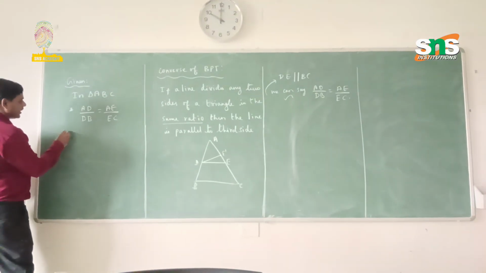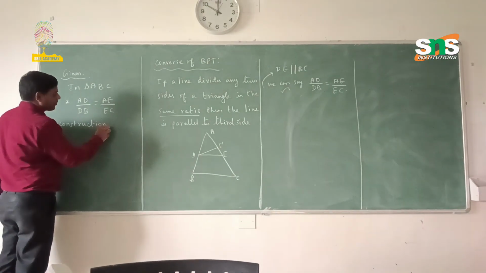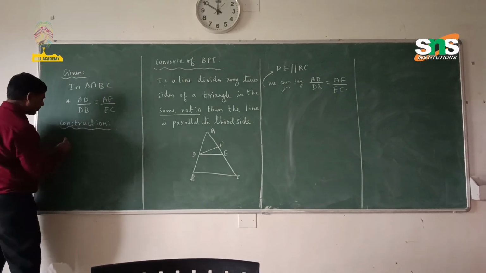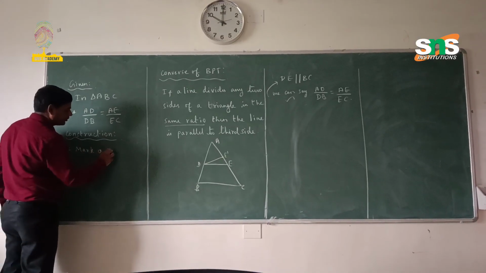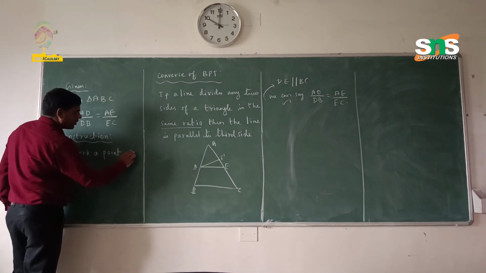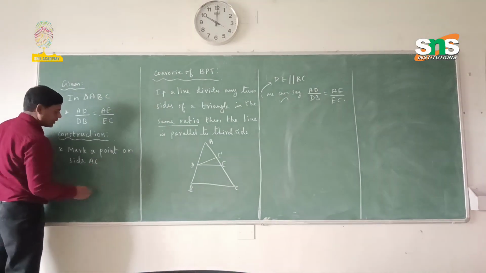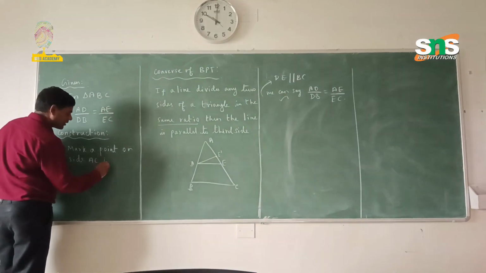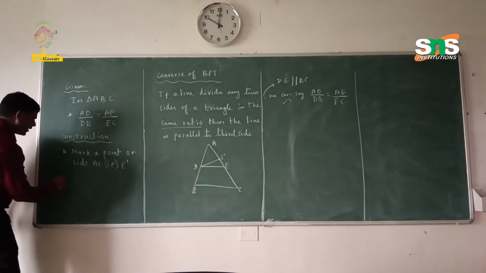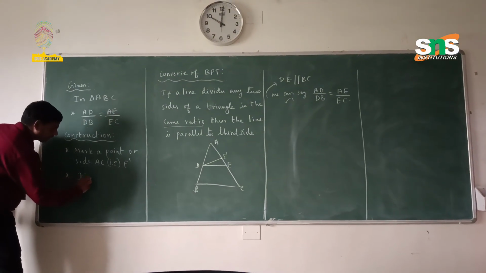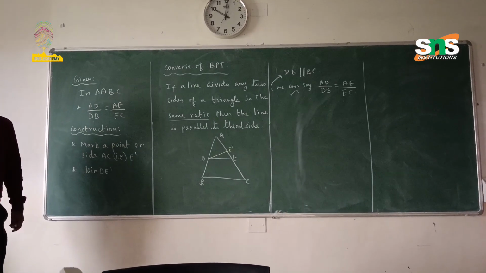Then the next construction: mark a point on side AC, that is E dash, and join DE dash.